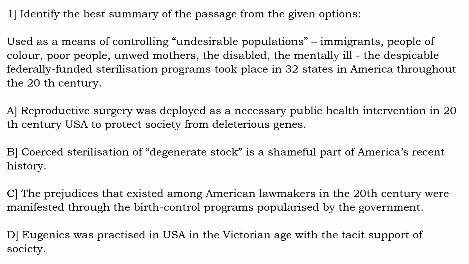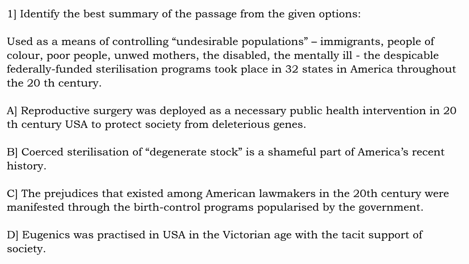So the basic idea is that there was a sterilization program that took place in America throughout the 20th century, which was a government funded program. And the objective was to reduce or to control the number of undesirable people in the society, like immigrants, people of color, etc.